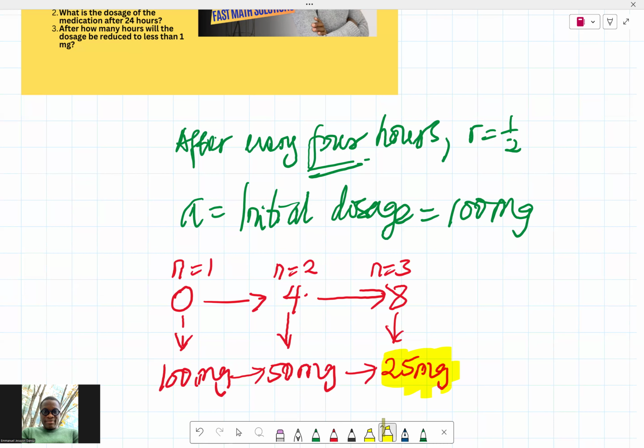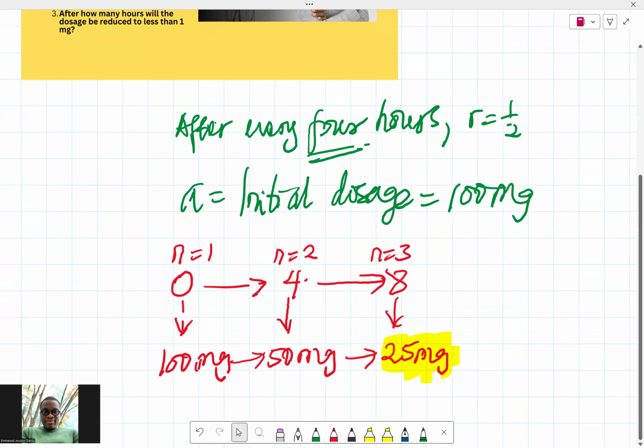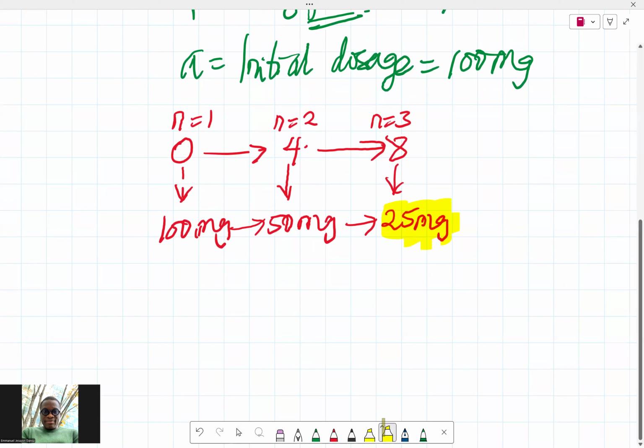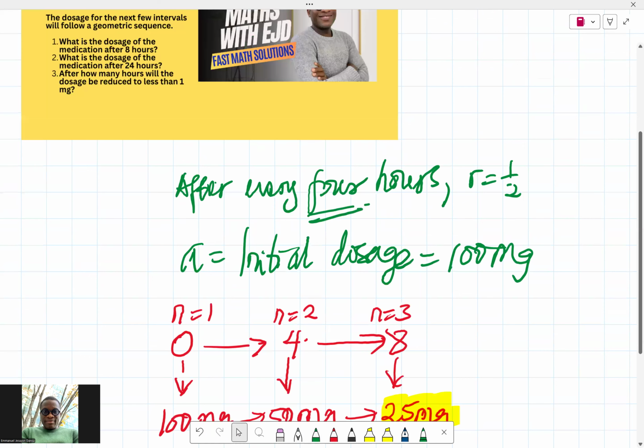Since we know 8 hours is at time point 3, let me say the question again. It says, what is the dosage of the medication after 8 hours?